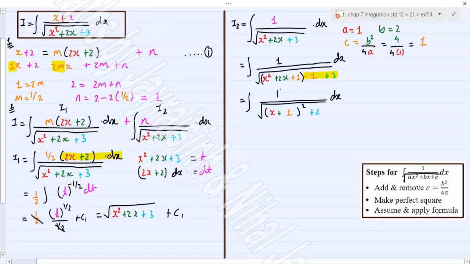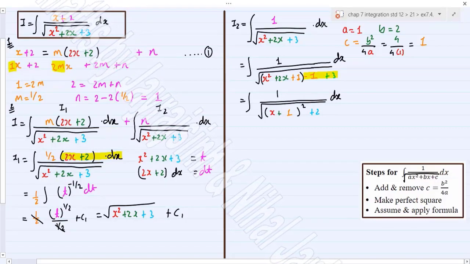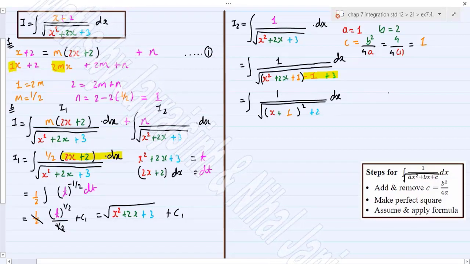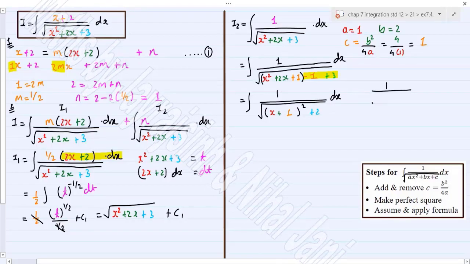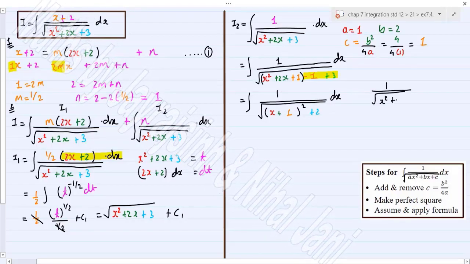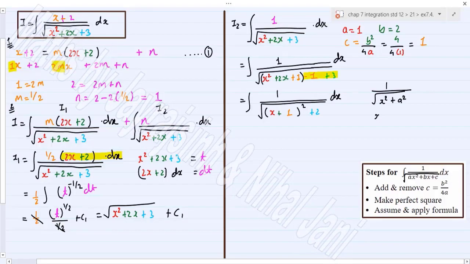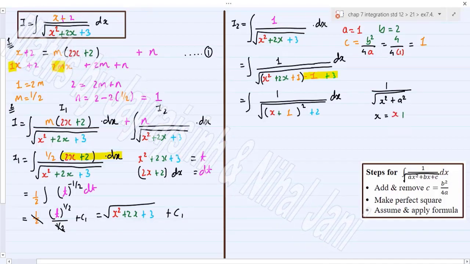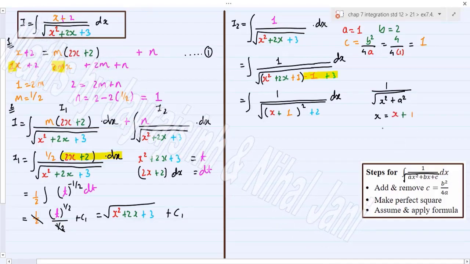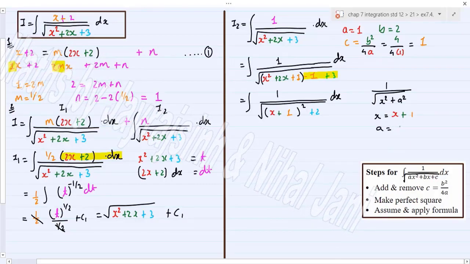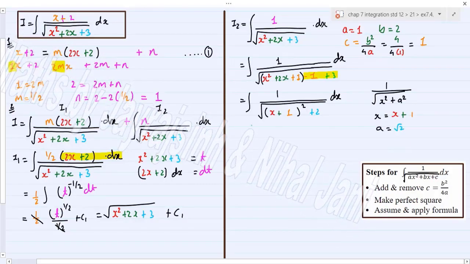So here we just have to integrate 1 upon under root of (x plus 1) the whole square plus 2, which is actually in the form of 1 upon under root of x square plus a square, where your x is x plus 1 and your a is root 2.